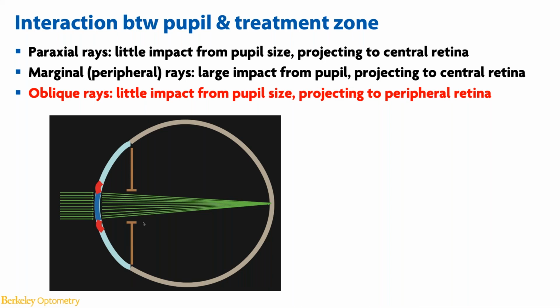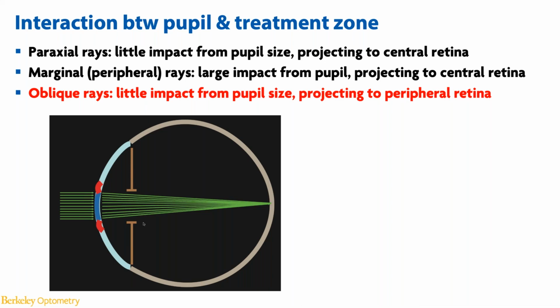So I want to really explain some of the confusion we've been seeing, and basically what exactly is the smaller OZ, where here we're more talking about a smaller treatment zone size on the cornea, and how is this interacting with the pupil size.